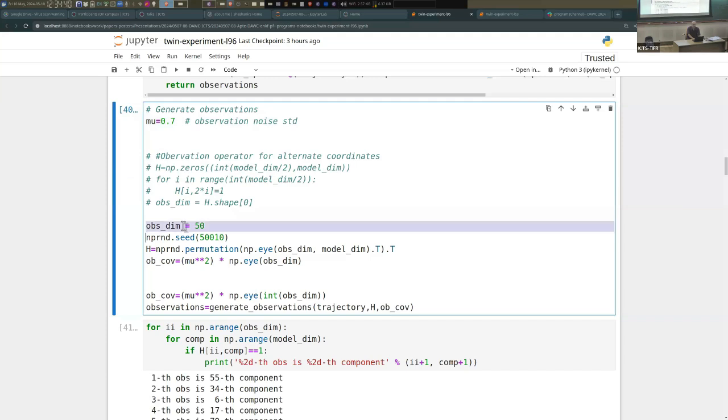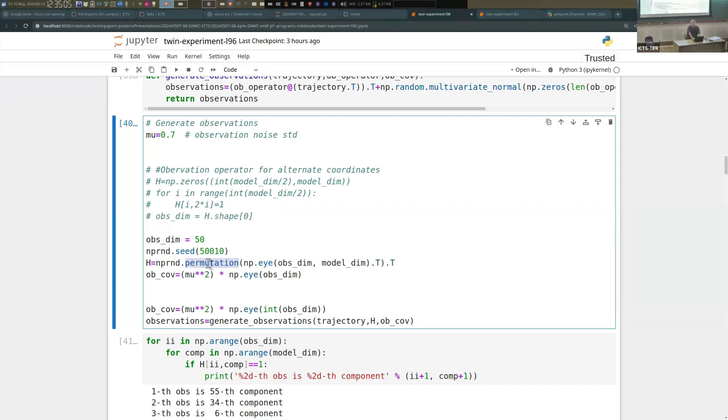Of course, the number of observations should matter, the observation dimension. I took half the system size: model dimension was 100, observation dimension is 50, I'm observing 50 of the 100 components. If you only take this to be 3 or 10, so you're only observing 3 of the 100 components, what happens? That's another parameter to change.